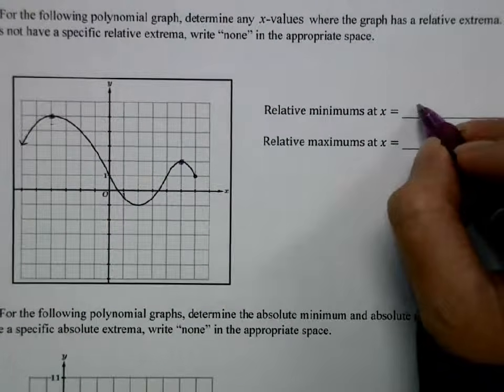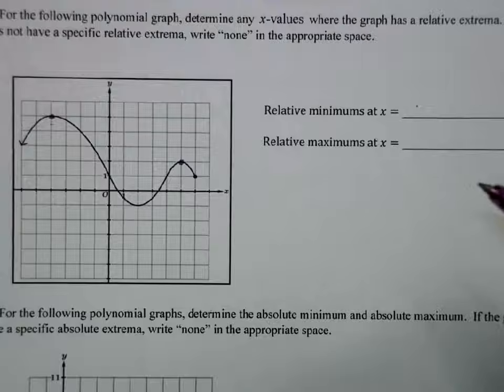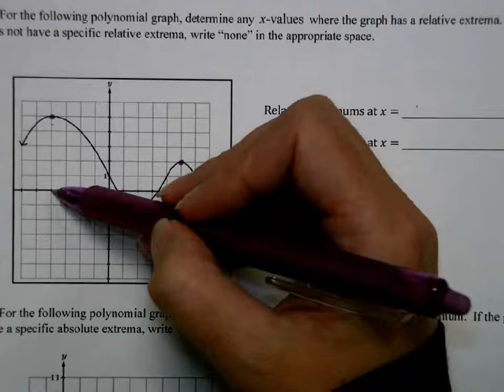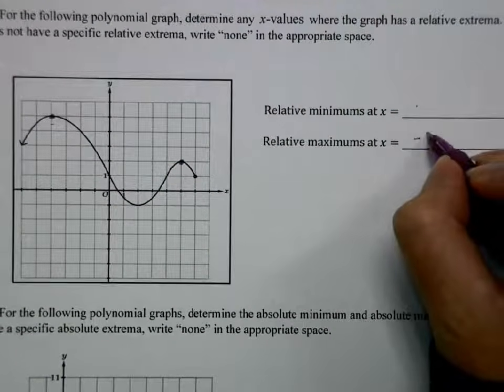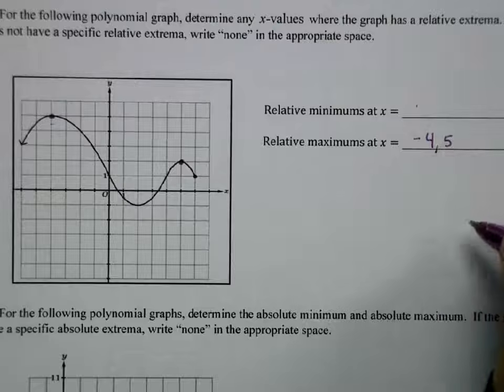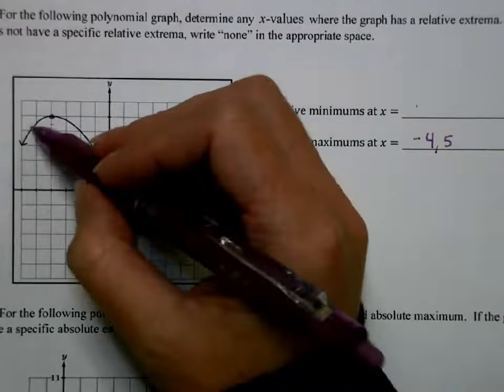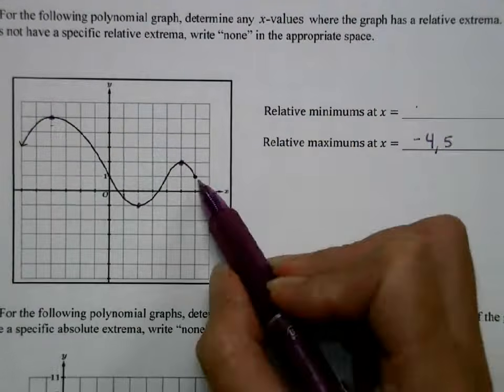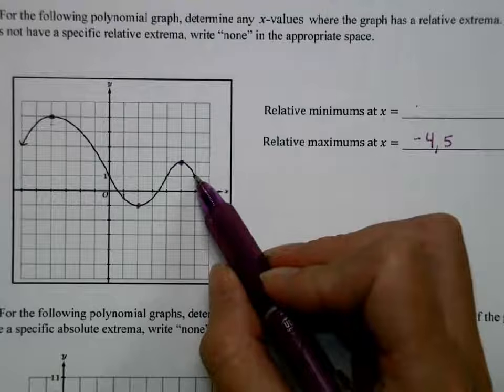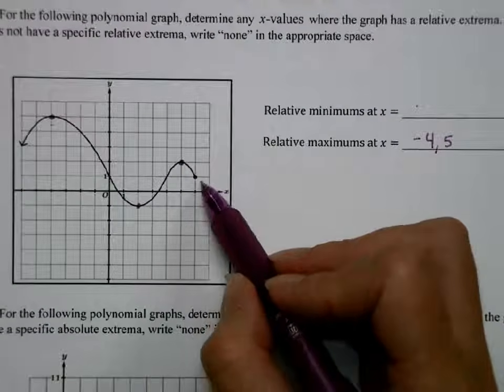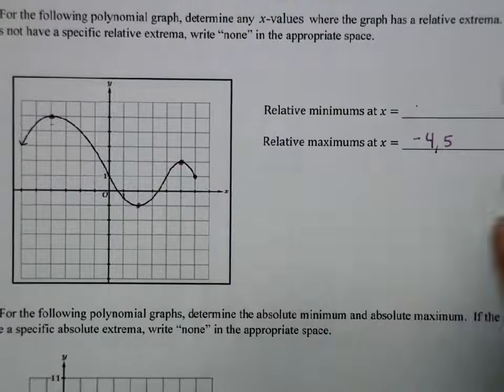That's -4 and 5 for maximums. Sorry, I did this out of order. Our relative minimums is here. And because this one is on a closed interval on this right-hand side, it is also a relative minimum. So we have minimums at 2 and again at 6.